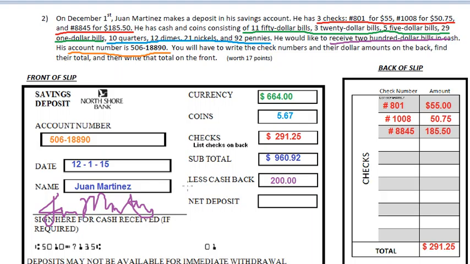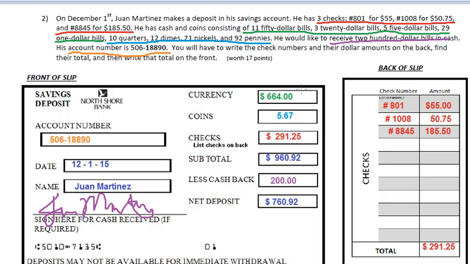The last step for this problem is subtracting. Because it has the word less right there, we subtract. We're going to take $960 minus $200, and what we get is our final answer for our deposit, $760.92.